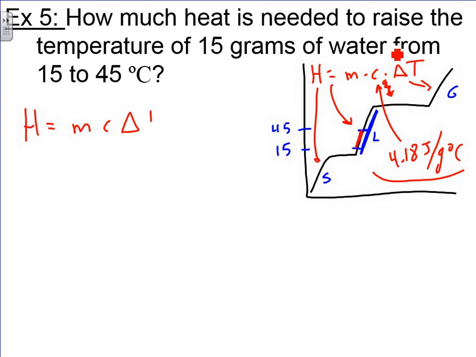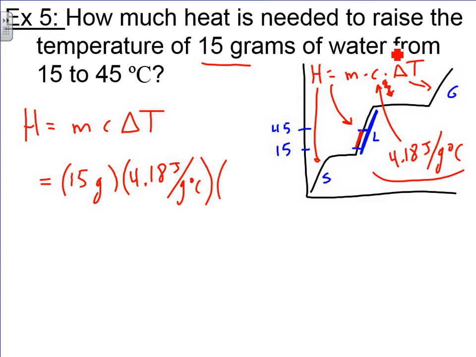My mass, in this case, looks like it's 15 grams. My specific heat is the 4.18 joules per gram degree Celsius. My change in temperature would be from 15 to 45, so the delta T would technically be 45 minus 15, which is 30. It's actually the final minus the initial temperature. Since I got 30, I'll put 30 degrees Celsius in here.